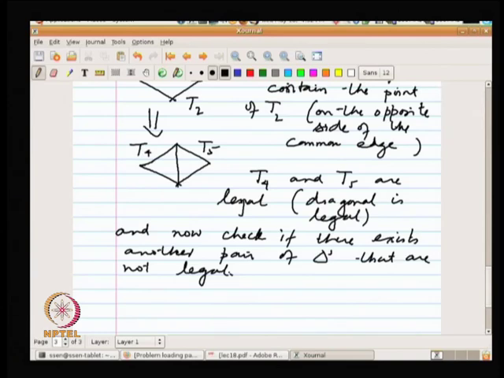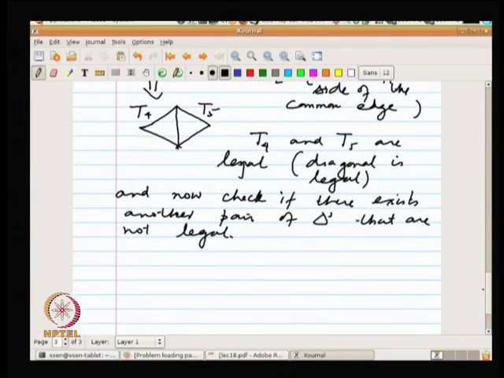So, we keep doing this till we come to a situation where all the diagonals are legal. Okay. So, we just keep continuing doing this thing.